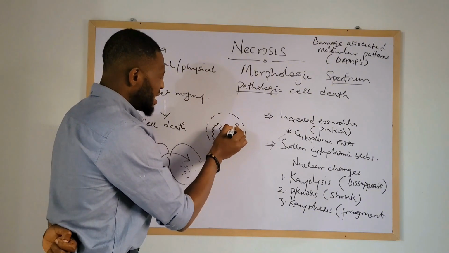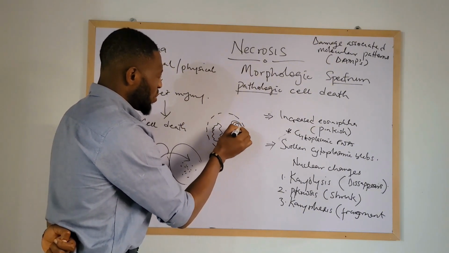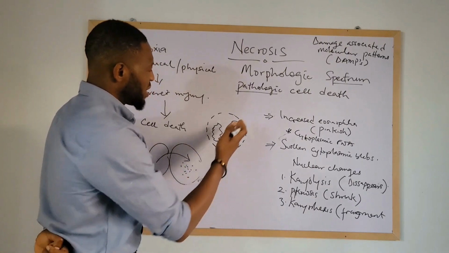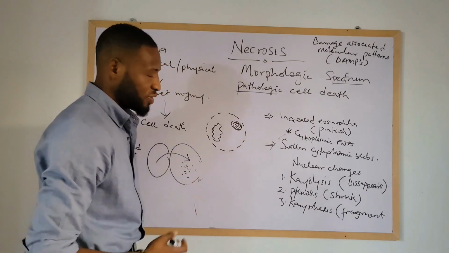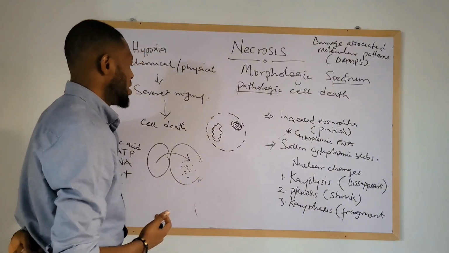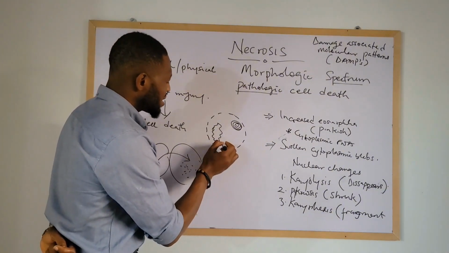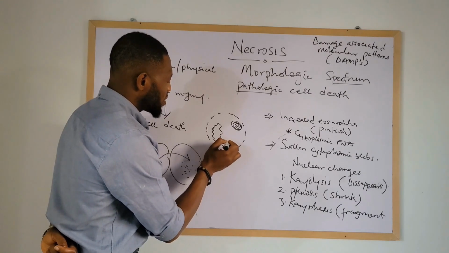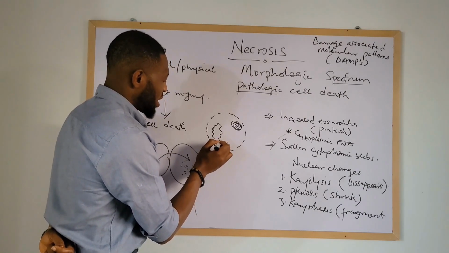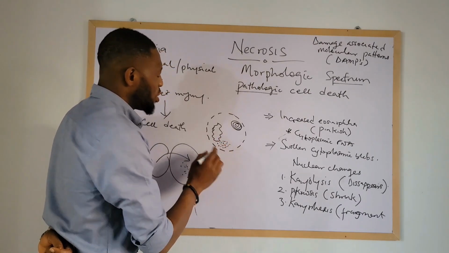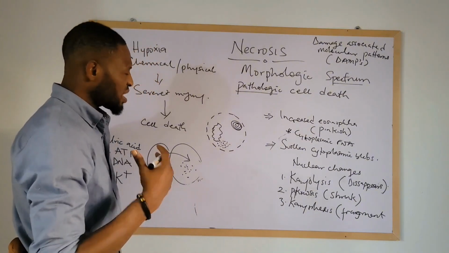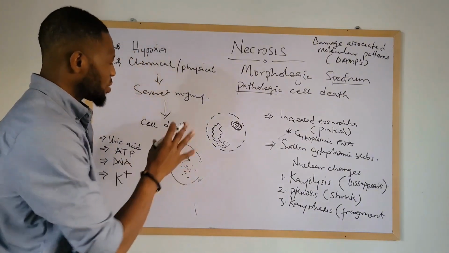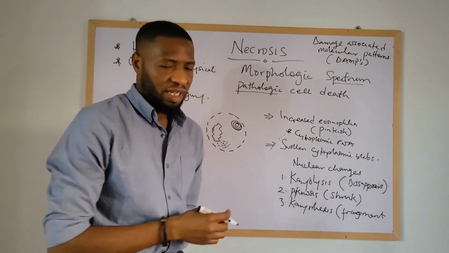We will see myelin figures within the cell, and these myelin figures are as a result of disintegration of cell membrane phospholipids. We will also see certain amorphous densities or amorphous structures that are evidence of protein denaturation. These are some of the changes that we see ultrastructurally in necrosis.